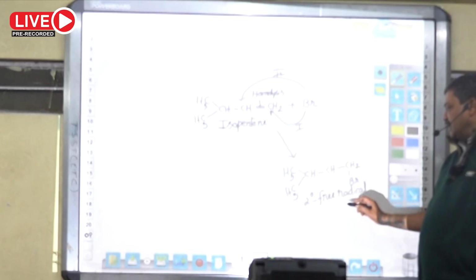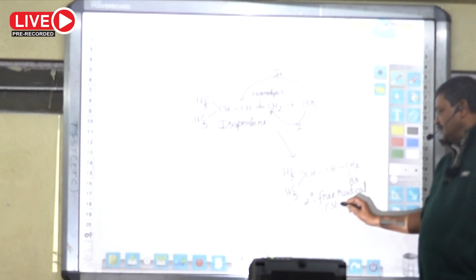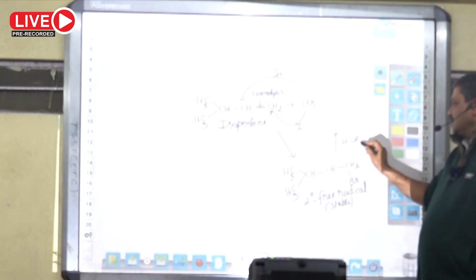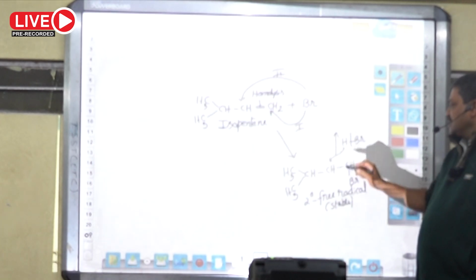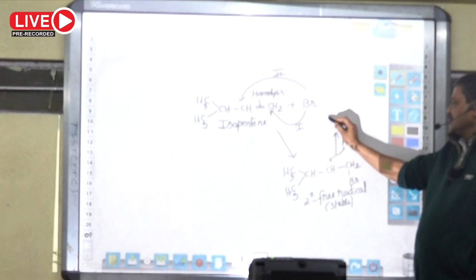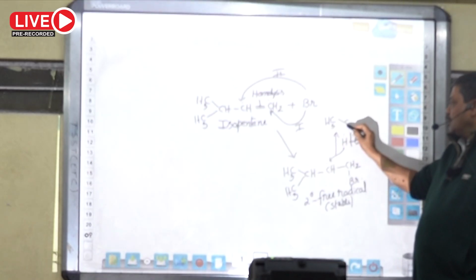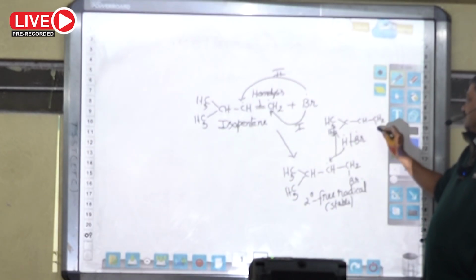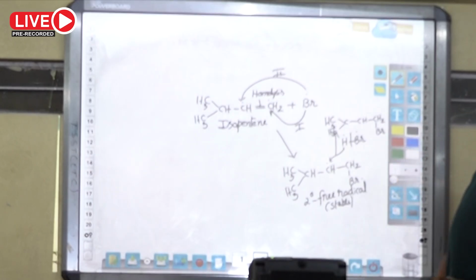Now the secondary free radical, being stable, reacts with HBr and takes the H, forming 1-bromo 3-methyl butane.